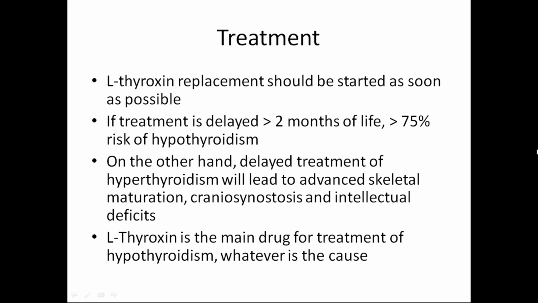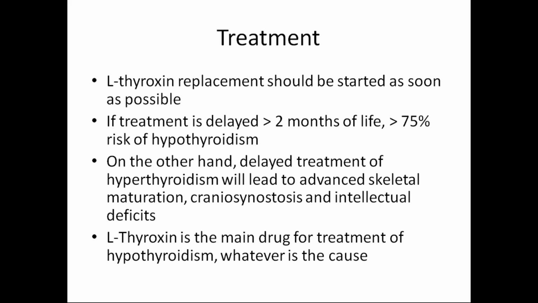Now coming to the treatment. Identifying is difficult. In 95% of the cases the gland itself is not there, or the gland is somewhere else, so not much we can do with any medication. If the gland is not there, there's nothing we can do, so we have to supplement from outside.